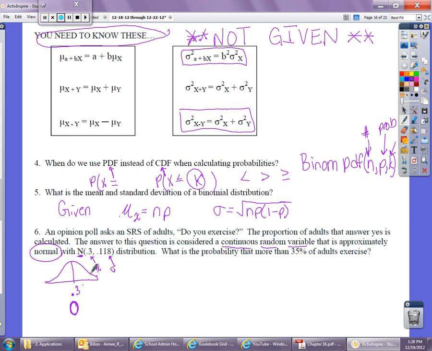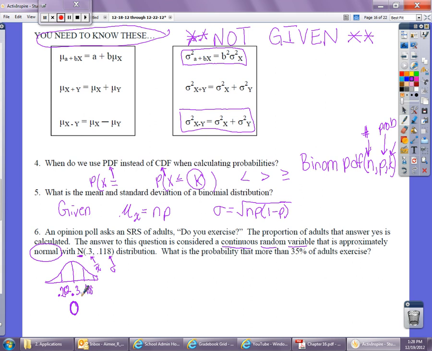Please don't think that. Then you go standard deviations of 0.118. So if I add 0.118, I would get 0.418, and so forth. And then subtract 0.118, you would go the other way, and that would be 0.282, I think it is.